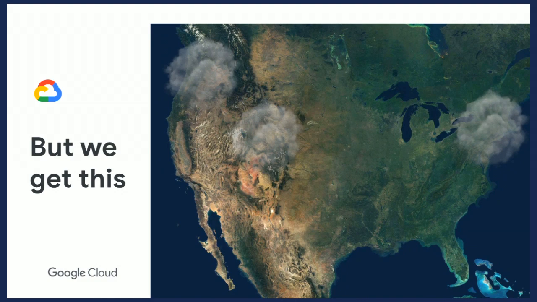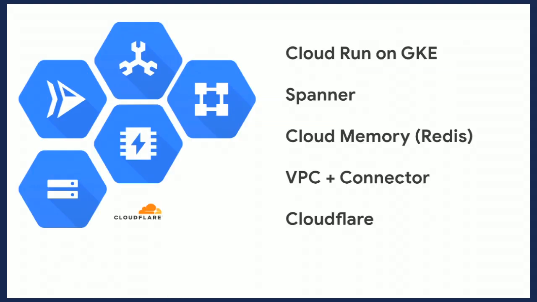But it's actually possible to build. So let's build it. This is what we're going to use for this. We're going to use the new Cloud Run on GKE product that got launched yesterday. It is super cool. If you are running Kubernetes in your organization but want to have a serverless experience, it is a smoking hot product.